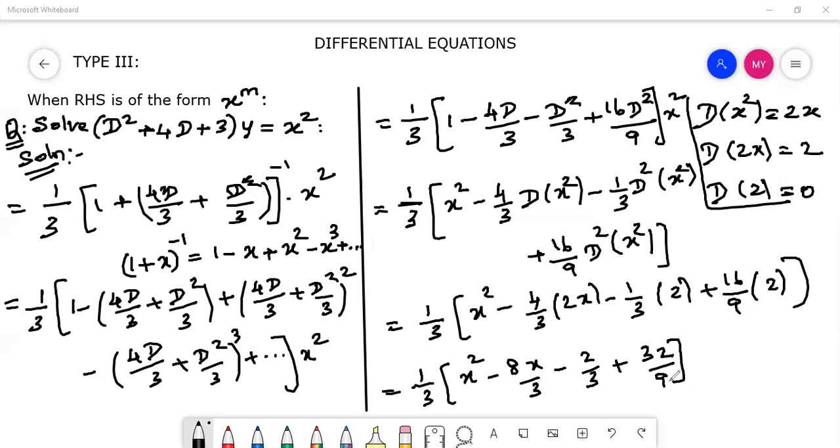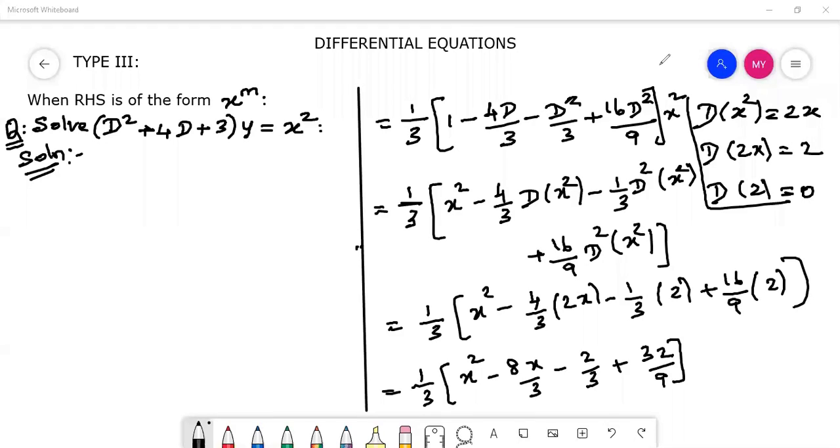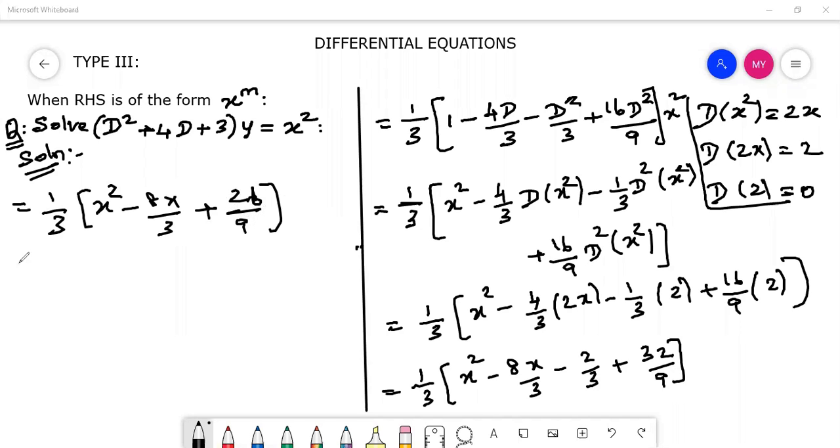And now after solving this, we will get 1/3 times x² minus 8x/3 plus 26/9. These last two terms I have solved: 1 minus 2/3 plus 32/9, and I've got the answer as 26/9. So this is my answer, the particular integral.